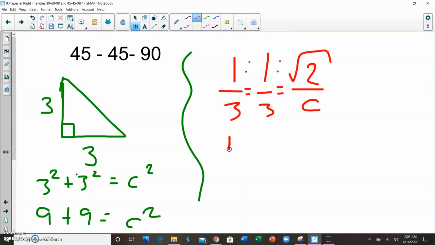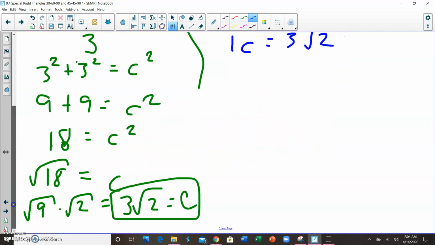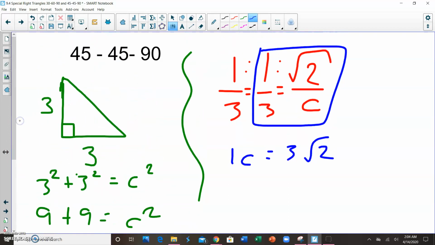So cross multiply. When I cross multiply, if you look down below, that is what we got, 3 times the square root of 2.